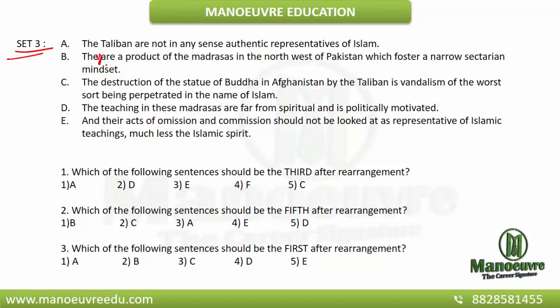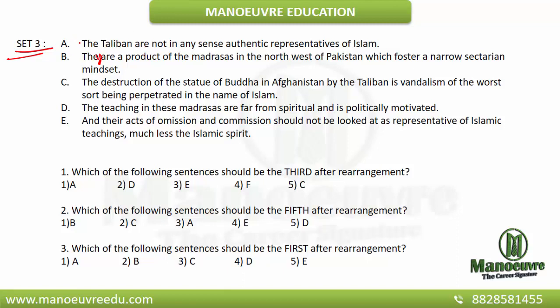So we are talking about Islam and we are comparing it to Taliban, and how the terrorism of these Taliban people, they claim to be Islamic but they are actually not. How they do not follow the teachings, the spiritual spirit of Islam, and how they wrongly represent Islamic culture, right?